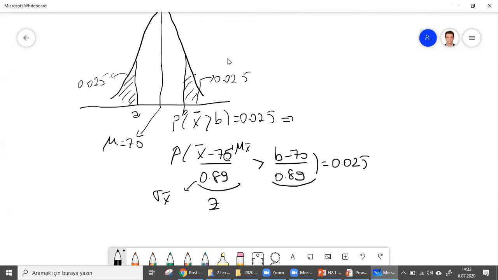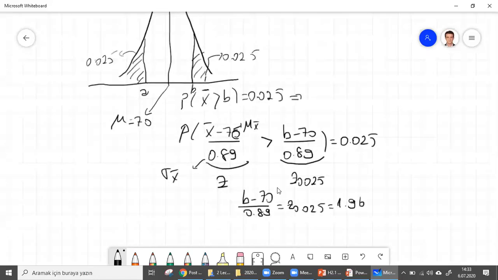This is Z, the z value which leaves an area of 0.025 to the right, by definition. So B minus 70 divided by 0.89 is equal to z sub 0.025, which is 1.96.